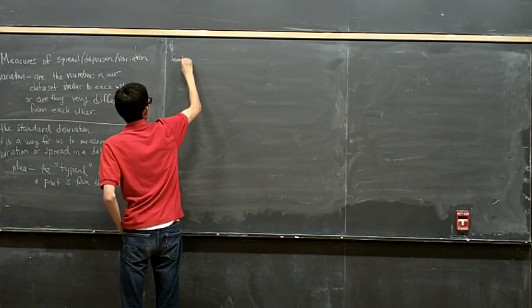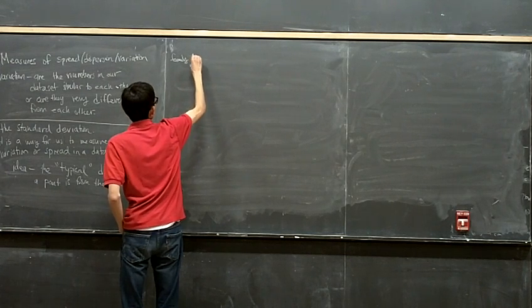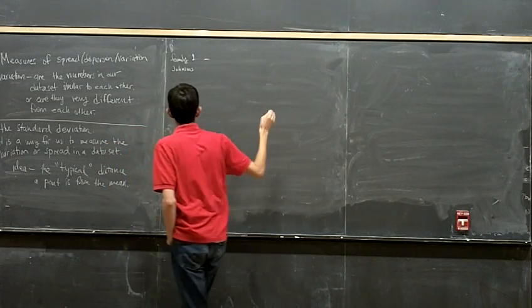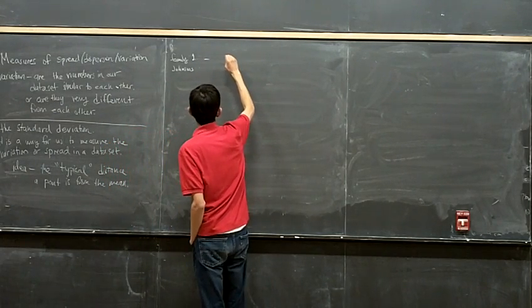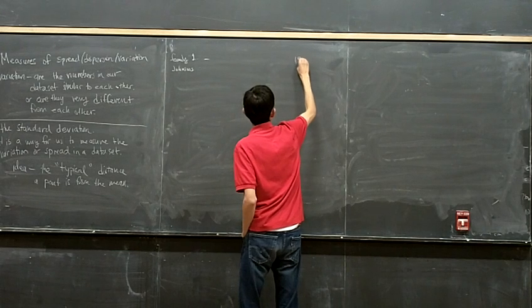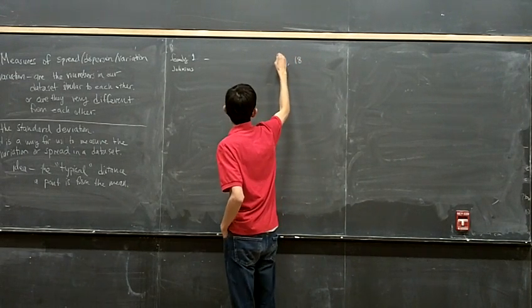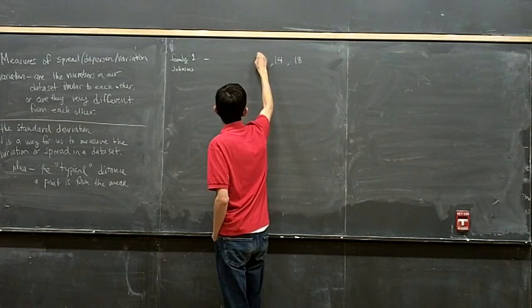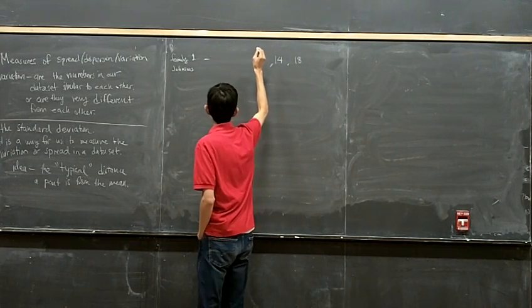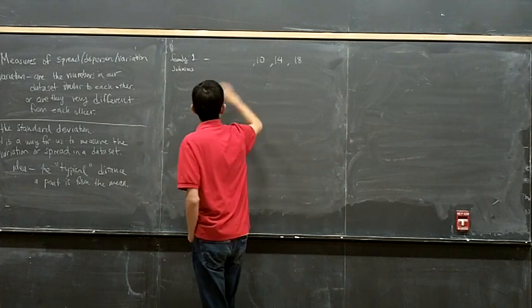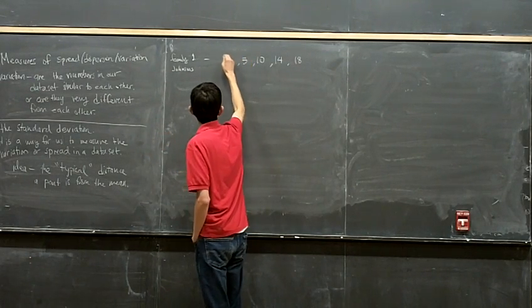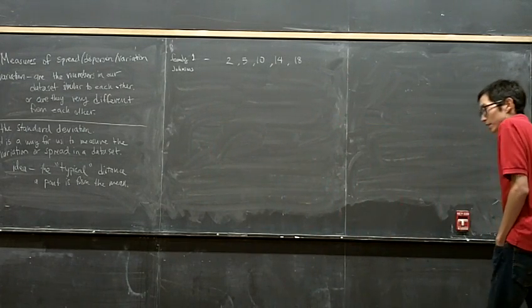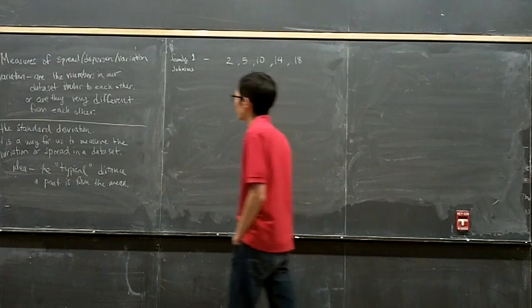Do we have a name for this family? The Johnsons, sure. And let's say their kids go, the oldest is age 18, and then they have a 14-year-old and a 10-year-old and a 5-year-old and a 2-year-old. So that is the Johnson family.